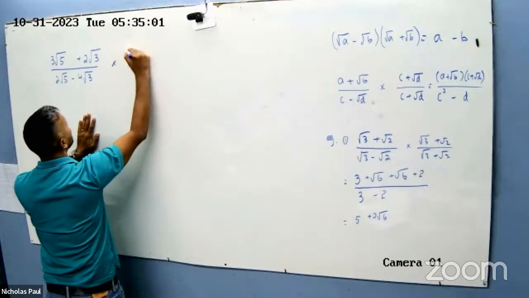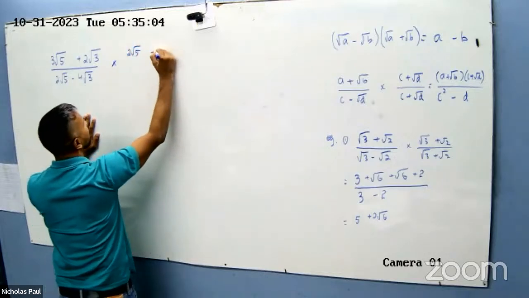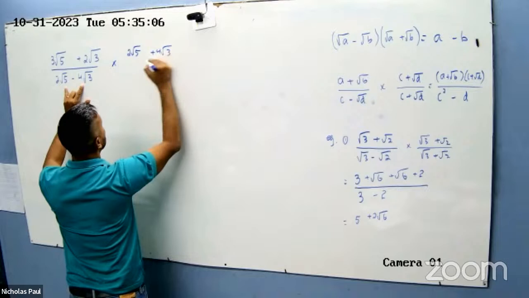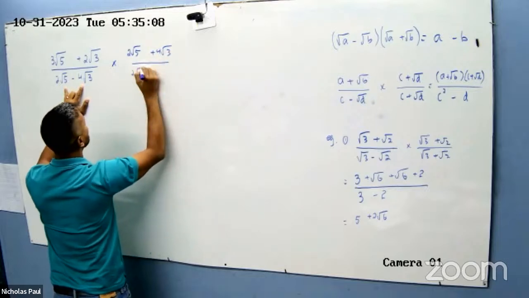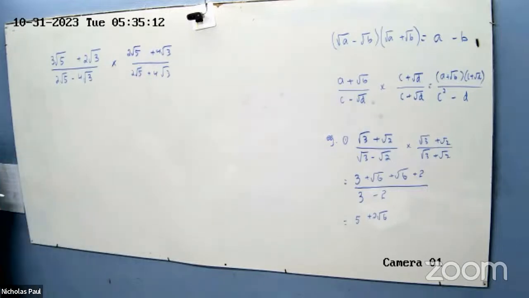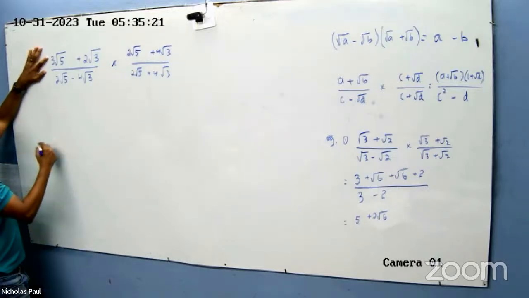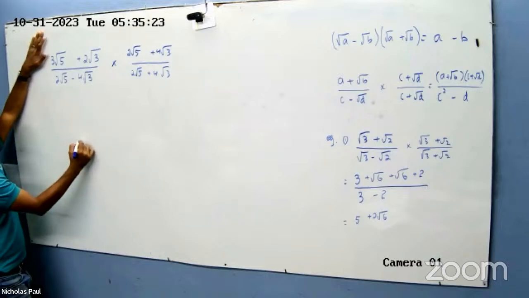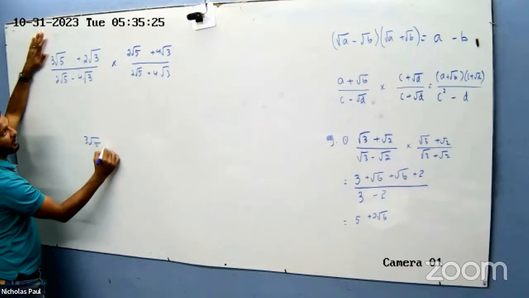Right, so multiply by 2 root 5, the conjugate of this, right? Let me just remind you of something.